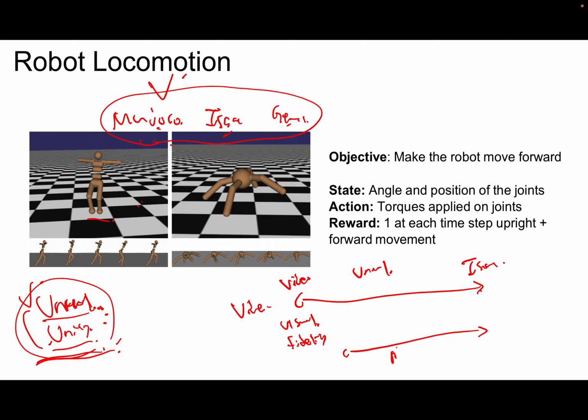Video generative models are focusing on visual fidelity, and they do not have physics law, so they sometimes produce videos with physics failures, right? But they have good photorealistic generated videos.